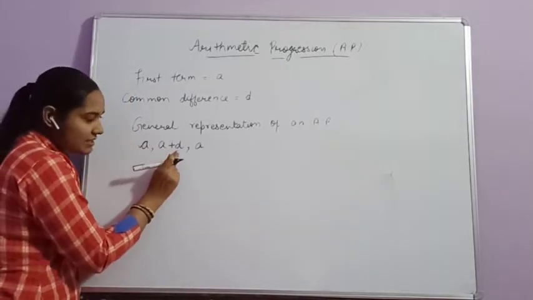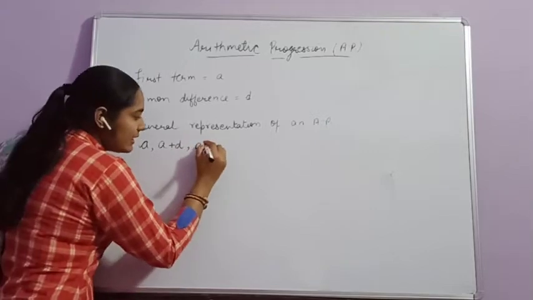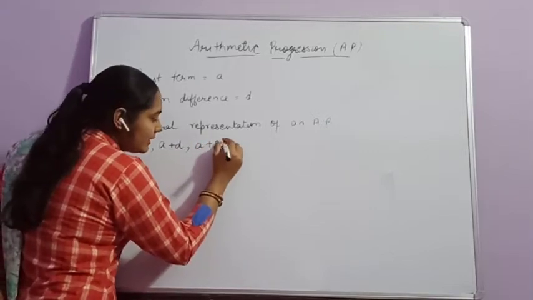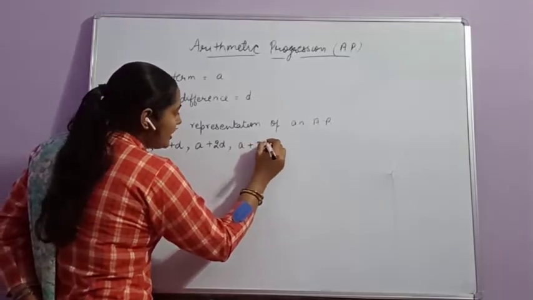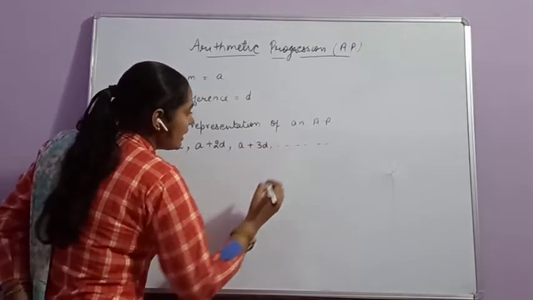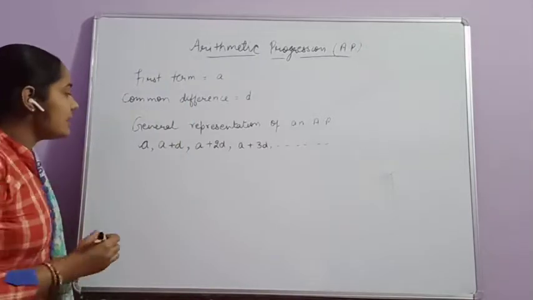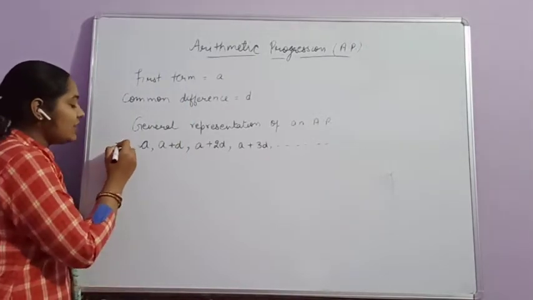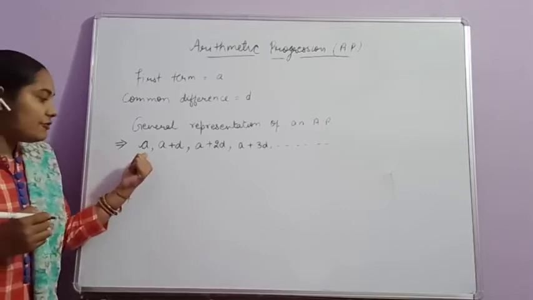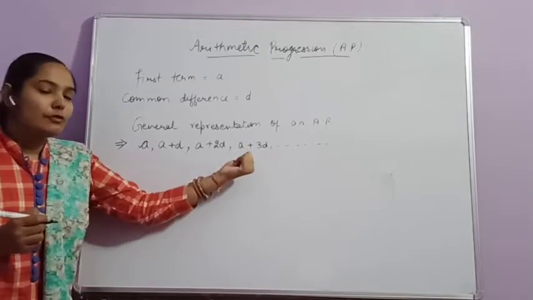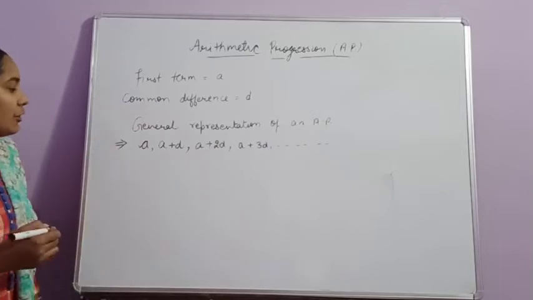It means a plus d plus d, that is a plus 2d. Similarly, next will be a plus 3d up to infinite. That is the general representation of an AP. Clear? This is the first term, second term, third term, fourth term up to infinite number of terms.